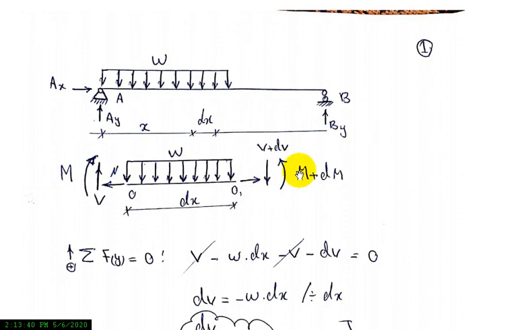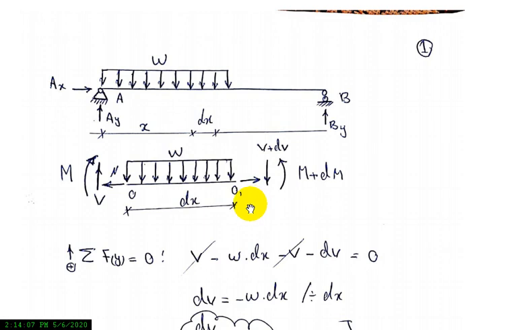In this part it is the same, but a little different, because when we cross from this point to this point, V changes to V plus dV and M changes to M plus dM, because this W acts in this length of dx.